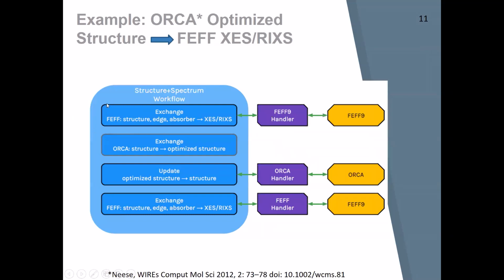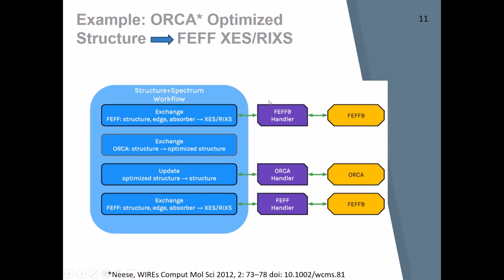You have input by the user, structure, edge, absorber, for example, and then this is going to pass to the FEFF9 handler. In this case, we wanted to calculate everything once before, and then run the optimized structure, and then calculate with FEFF again to see the difference as well.